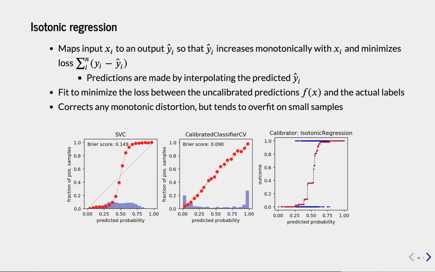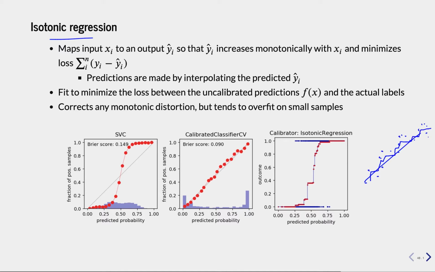A more general approach is called isotonic regression. It's the same idea, but instead of using a sigmoid, we use isotonic regression. And basically what this method does is, say you have a bunch of points, and instead of learning a line through there, what you learn is some kind of function that has to monotonically increase.